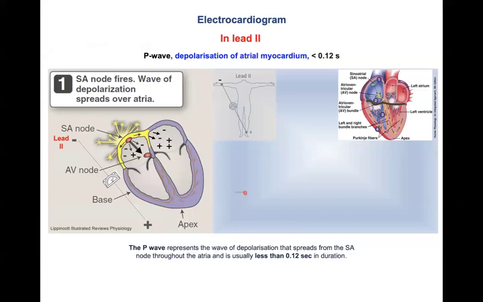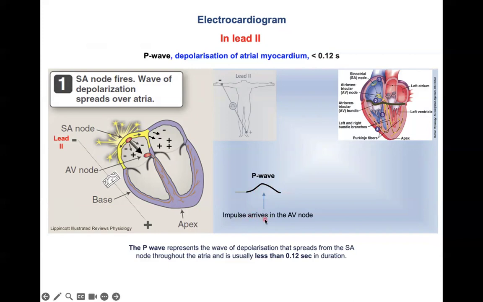Now we start the depolarization of the atria, which is signified by the P wave. Now we have depolarization wave going from the minus to plus electrode, so it should give a positive deflection. Indeed, the P wave is positive. Depolarization wave from the negative electrode to the positive electrode, positive deflection.